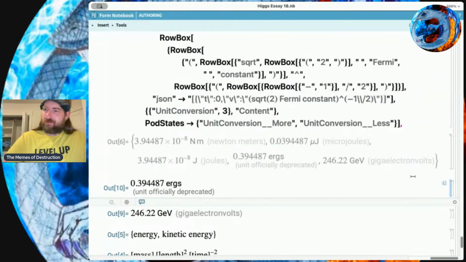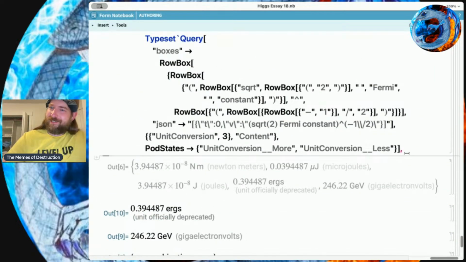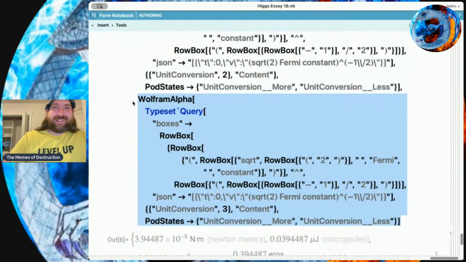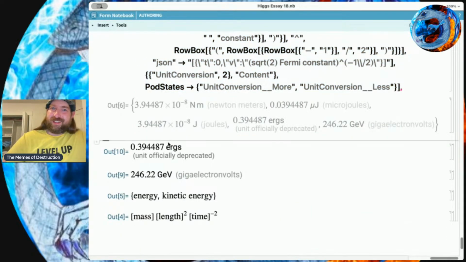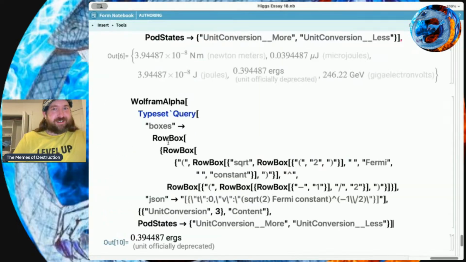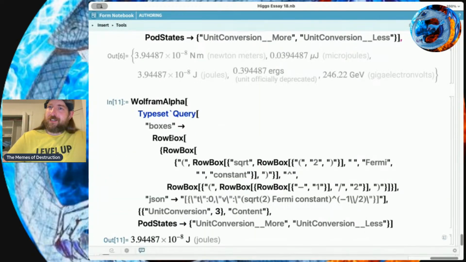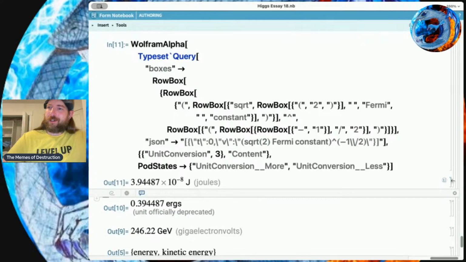Ergs. You ever get the erg? Meters, microjoule. Okay, we got ours.